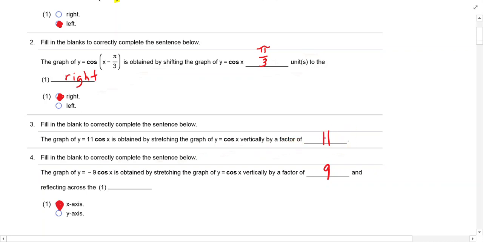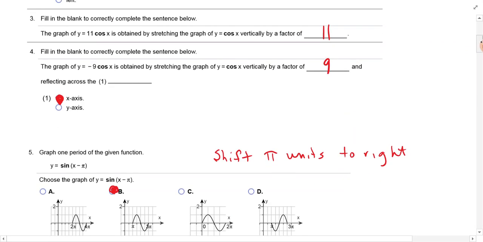That amplitude is 11. Number 4, the graph of y equals -9 cosine x is obtained by stretching the graph of y equals cosine x vertically by a factor of 9 and reflecting. When it's negative, it flips over the x-axis.